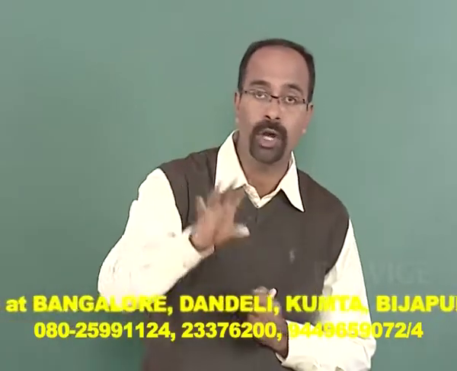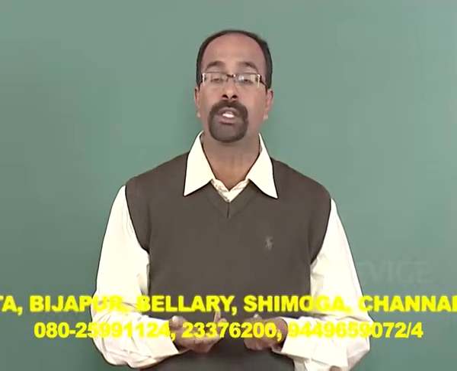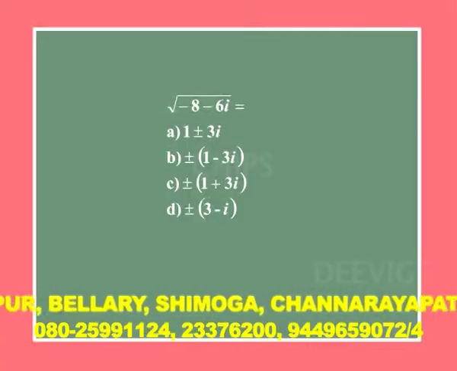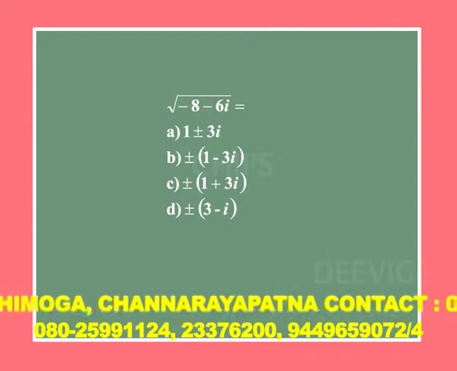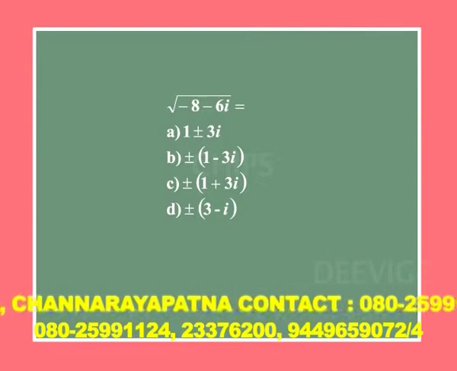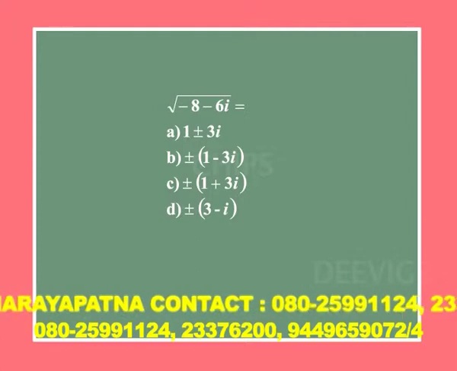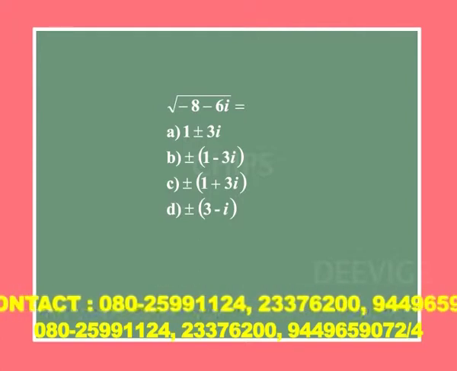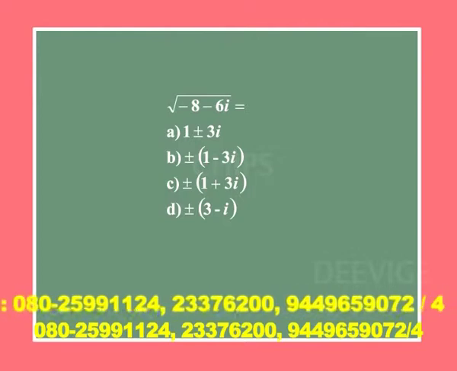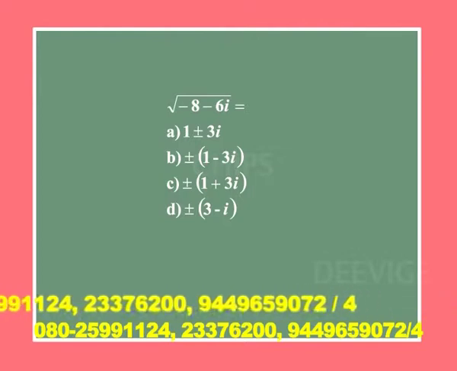And of course, while solving these kinds of square root of a complex number problems, the wiser method is to square the answers and verify instead of finding the roots using the standard method. The question is, what is the square root of minus 8 minus 6i? Option A 1 plus or minus 3i, option B plus or minus 1 minus 3i, option C plus or minus 1 plus 3i, option D plus or minus 3 minus i.